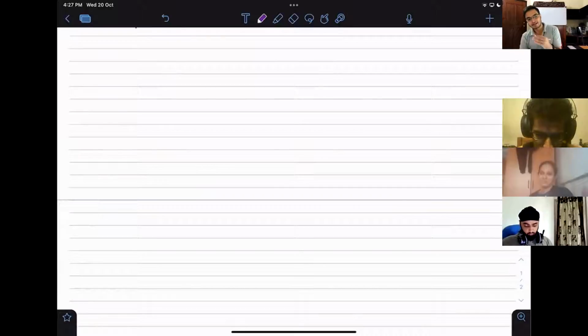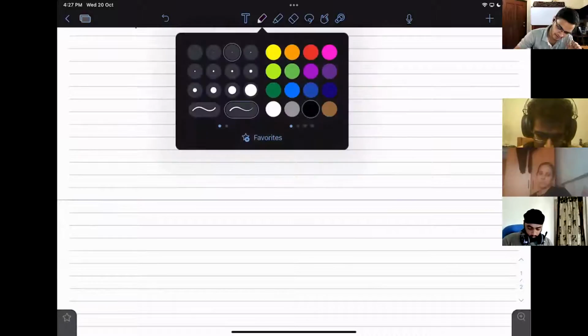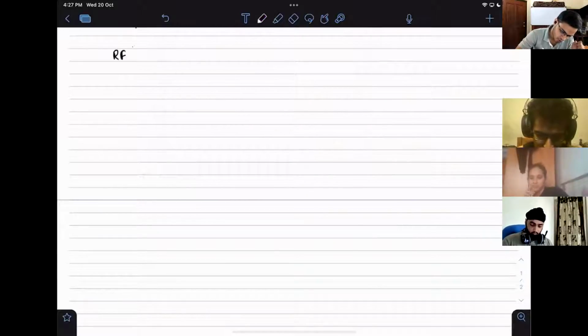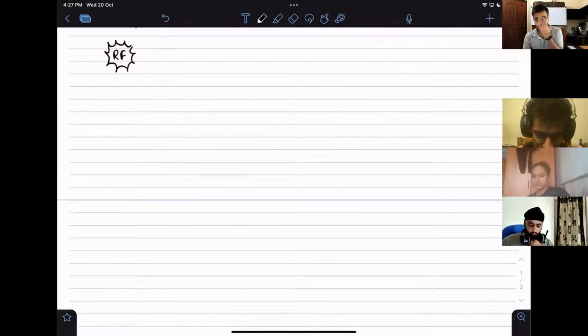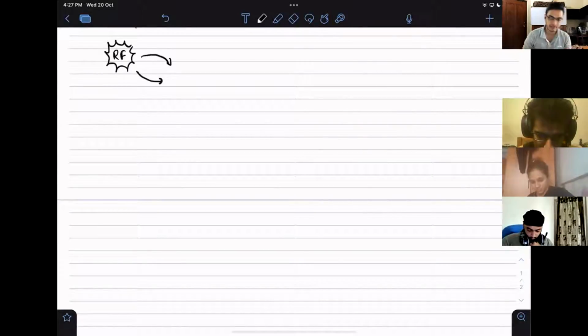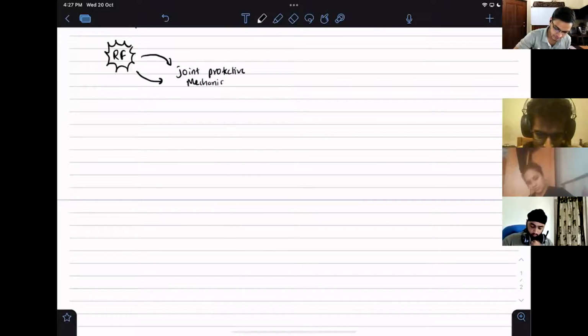Now, what is the general progression of this disease? Look at this. There are first going to be some risk factors. We'll talk about them. These risk factors are going to render our joint protective mechanisms dysfunctional.